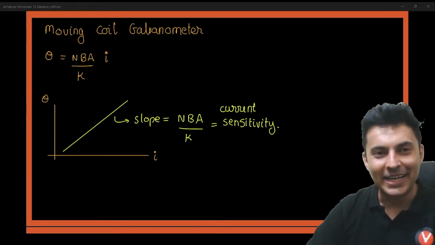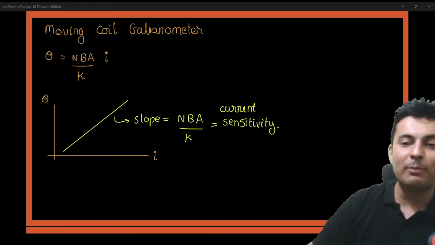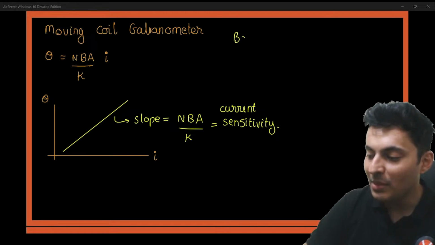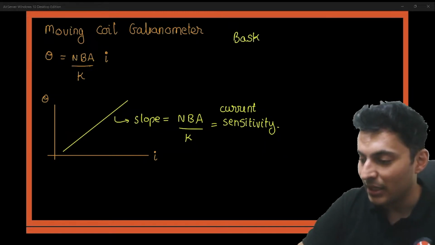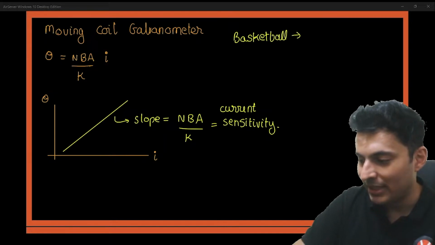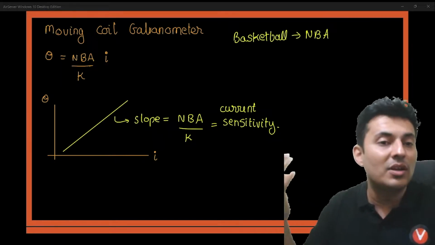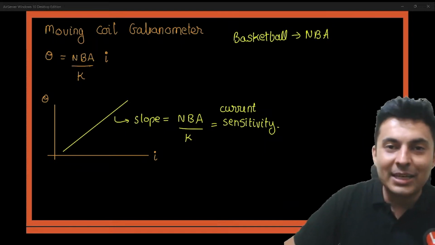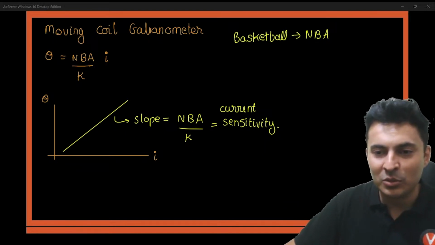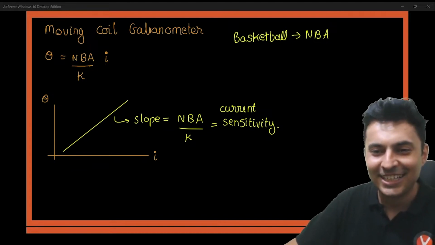Similarly for basketball, you have NBA tournaments. So basketball is NBA. And basketball is played with hands or with legs?